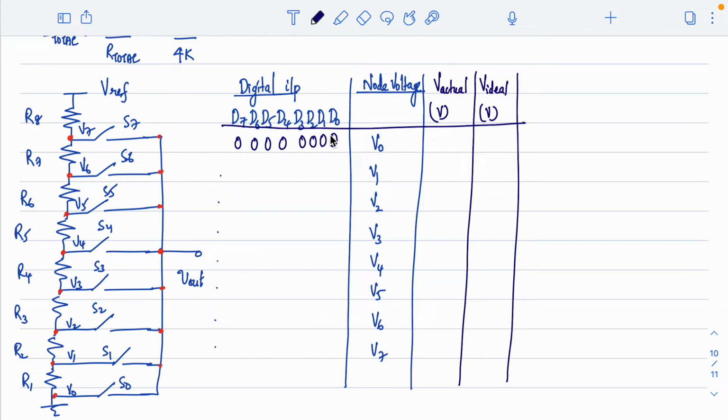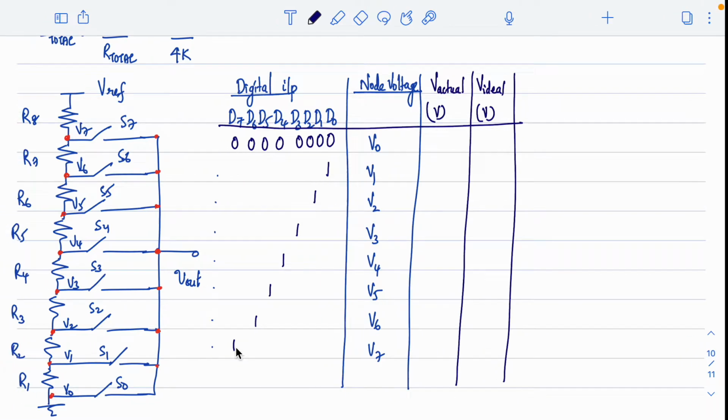All 0, then you have 1 at this position, then at this position, then here, here, here, here and here. This is how the digital switch control will be, right?